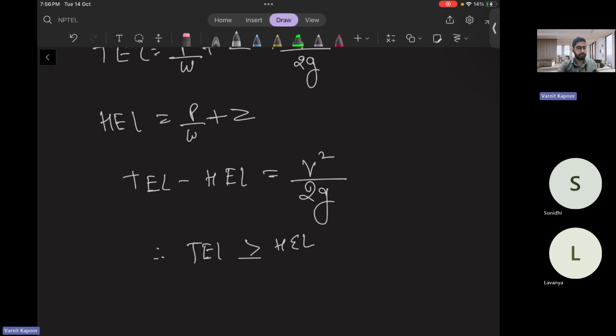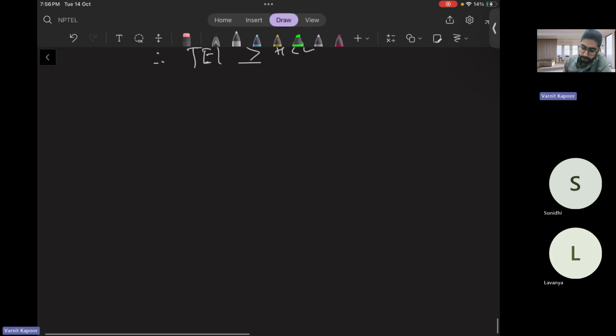So hydraulic energy line tells us about the locus of the flow, what kind of locus the flow has. Suppose I draw a figure like this, two reservoirs are there.